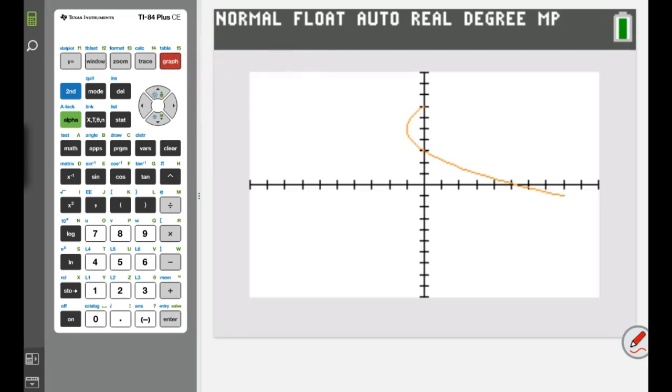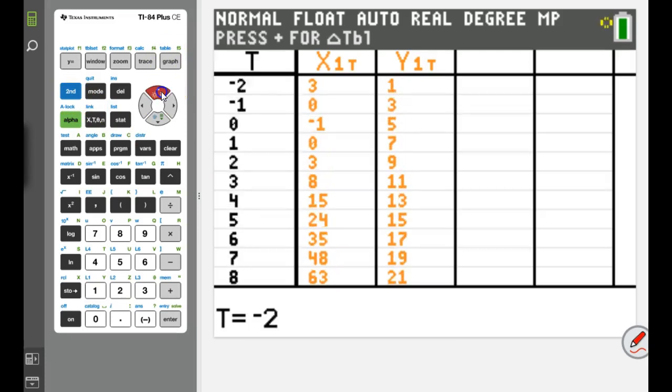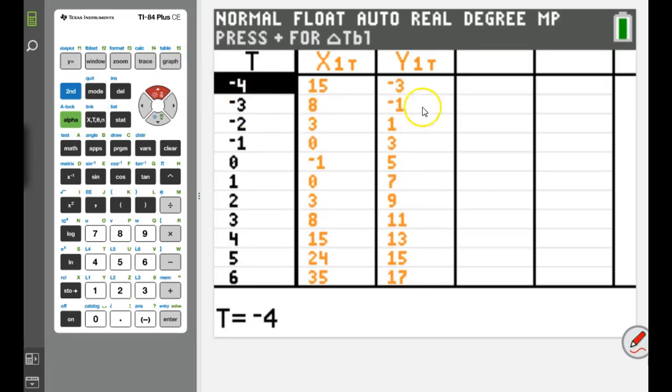All right, the second thing we learned yesterday, oh, by the way, trace, okay? We can trace along here, and it tells us 8, -1 was the first endpoint. If we trace all the way to the other end, it says 0, 7 is the other endpoint. You can also look at the table and find values, but the table won't stop when it had endpoints. Everybody good? All right.